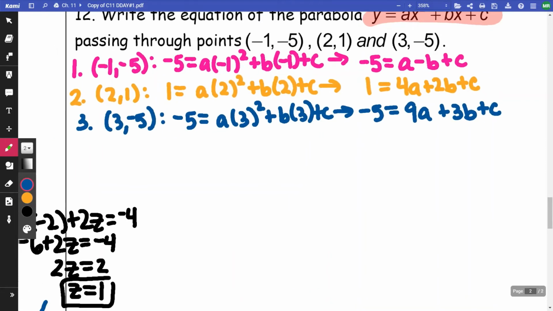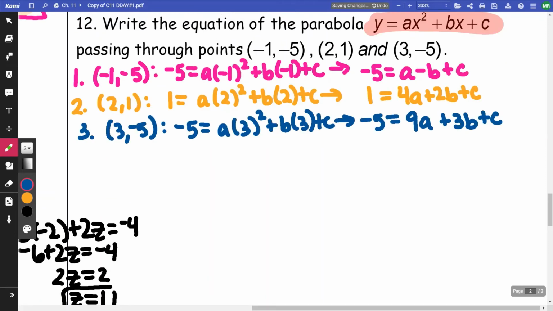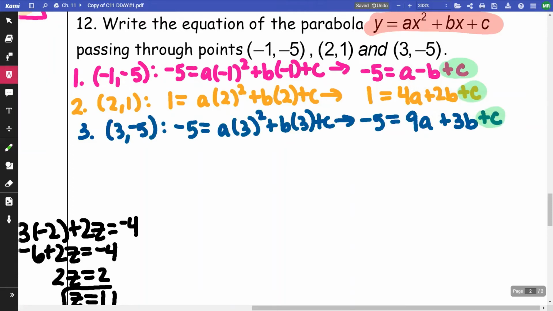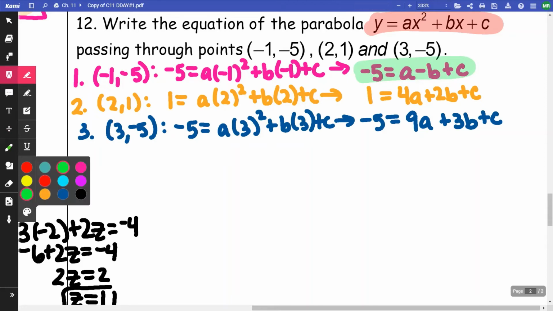On these problems, I like to eliminate my c's, because I'm going to get a c in each of those 3 equations. So I can just multiply one of the equations by negative 1. I think I'm going to do this to equation number 1.